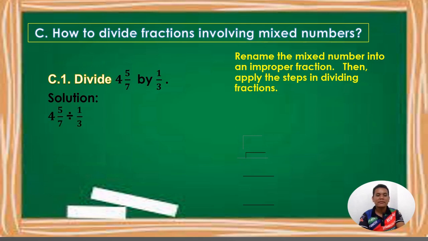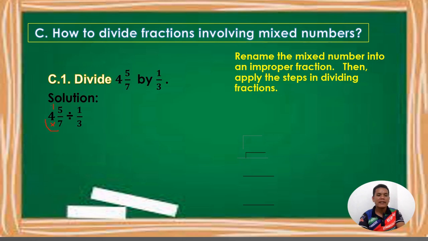So here, we have 4 and 5/7 divided by 1/3. So how do we rename the mixed number into an improper fraction? We have here 4 and 5/7, so simply multiply 7 times 4, that is equal to 28.